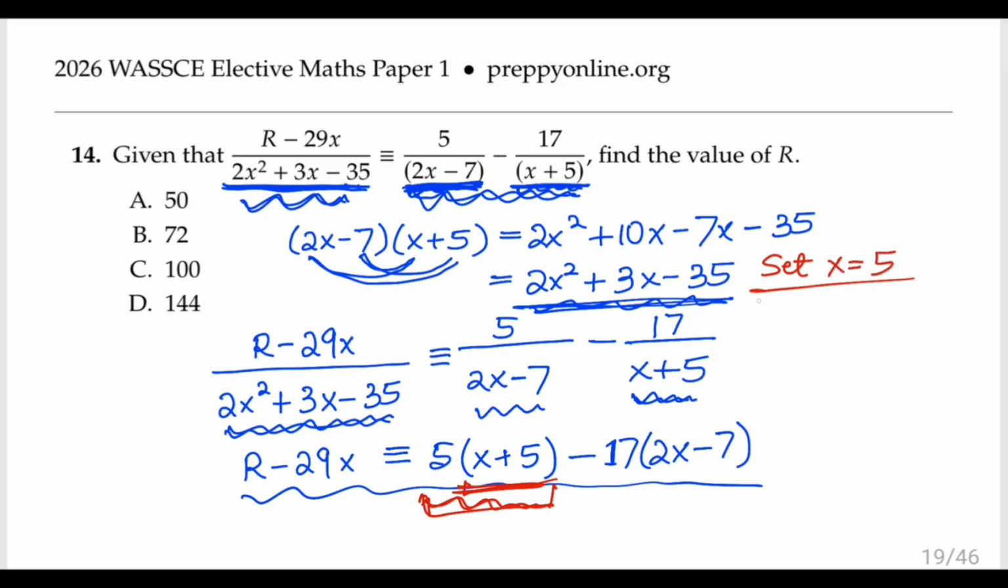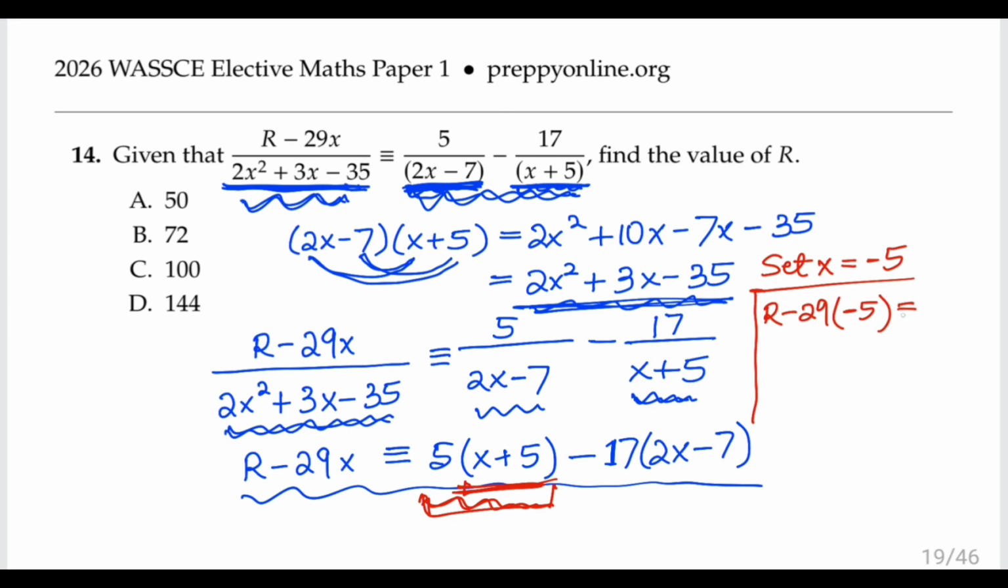When you do that, on the left hand side, you're going to get r minus 29 times our x is now 5. Sorry, we want x to be minus 5, not 5. So let me write that again. So we want x to be minus 5. So this should also change. We should have r minus 29 times minus 5.